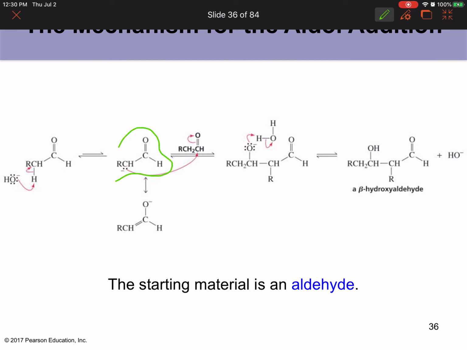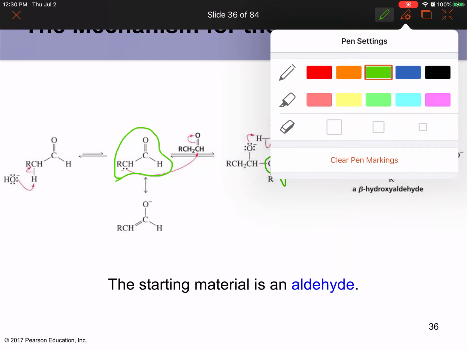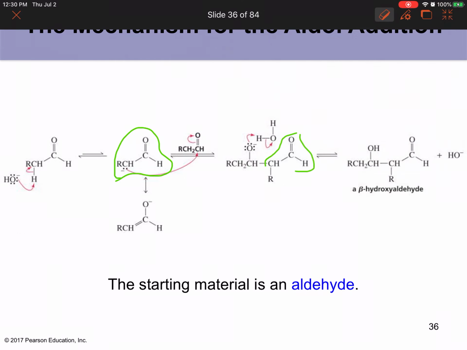This group over here is this group right there, along with the alkyl group. Let me put the alkyl group also. The green circled part is that, and then this alpha carbon is going to connect to the other part, which is this part. So here's the new bond.